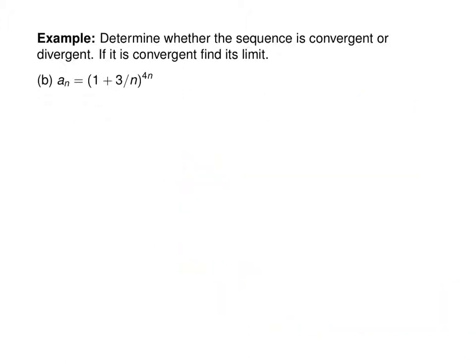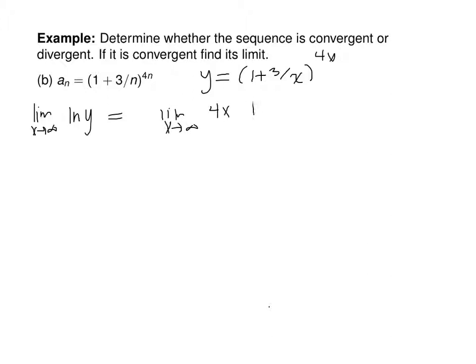Next, if we have the a sub n's given by (1 plus 3 over n) to the 4n power, once again I'm going to use L'Hopital's rule, so I'll define a function y equals (1 plus 3 over x) to the 4x power. So instead, I'm going to find the limit of ln y as x goes to infinity, which is the limit of 4x times ln of (1 plus 3 over x).